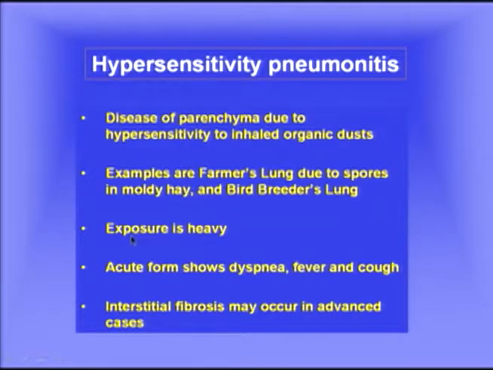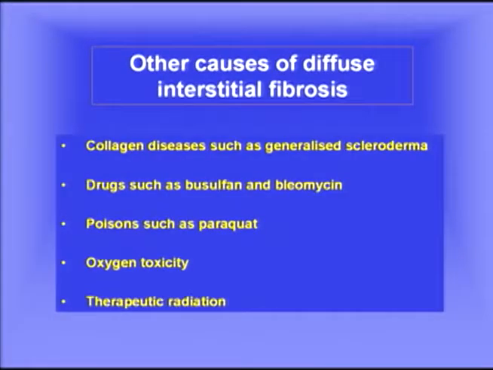For example, in farmer's lung, the farmer is working with this hay over a long period of time, heavy exposure, and in the acute form you can get shortness of breath, a small fever and a cough. So there's an acute form, but in long-standing disease you can develop interstitial fibrosis, which is why I'm mentioning it here. And there are other causes of diffuse interstitial fibrosis as well.